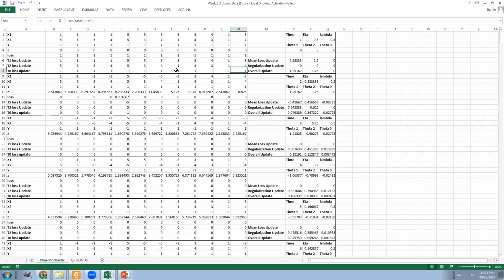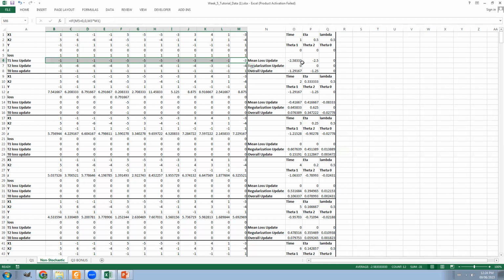And then in order to calculate the actual update we make to theta, we average these updates. That's because if we look in the objective function, the loss function for the whole thing is just the average, the mean of the losses at the individual points.